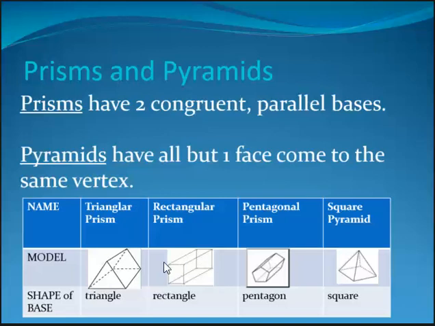Here's another prism. This is called a rectangular prism because these ends that are the same exact shape, that are parallel to each other, are rectangles.